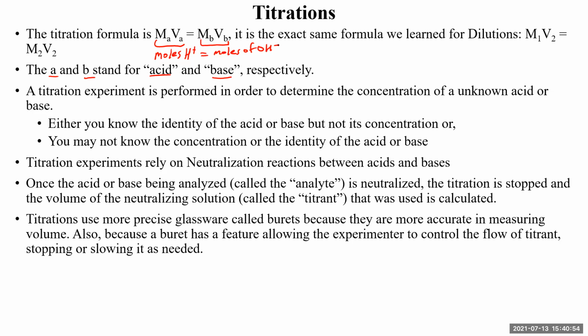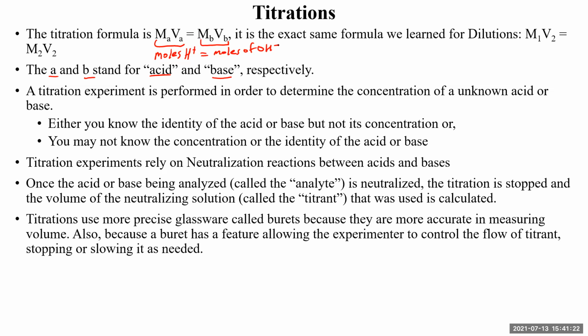So a titration experiment is performed in order to determine the concentration of an unknown acid or an unknown base. It can work either way. And to tell you the truth, it can work for almost any two solutions, as long as you know the product, and you can measure the exact point at which the moles of each reactant are equal.